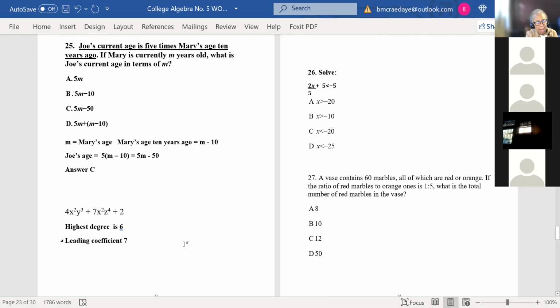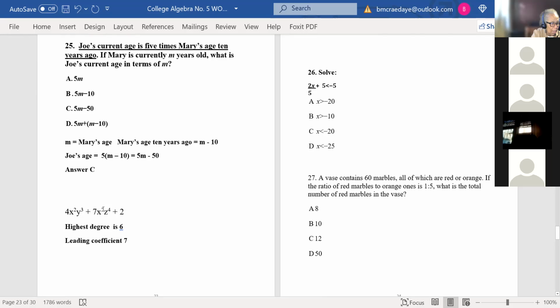Any questions on how you find it? So Audrey, all you have to do is, I left a blank there. You just tell me what you said the highest is. No, the highest degree is the sum of the powers. 2 plus the 4.